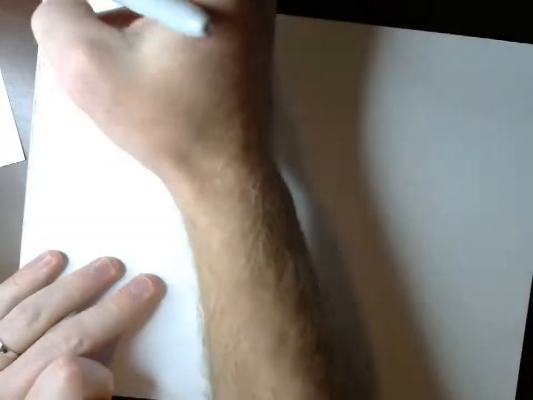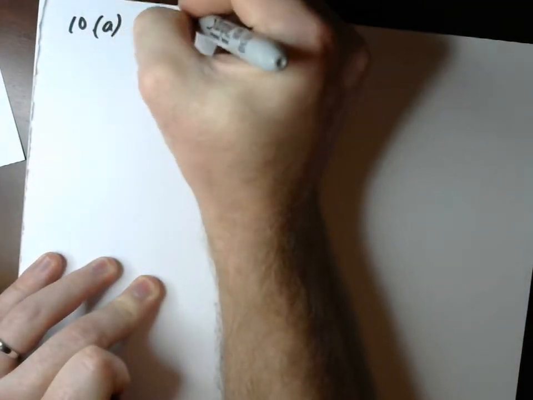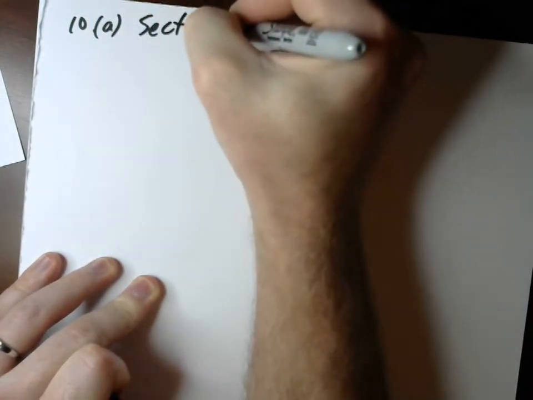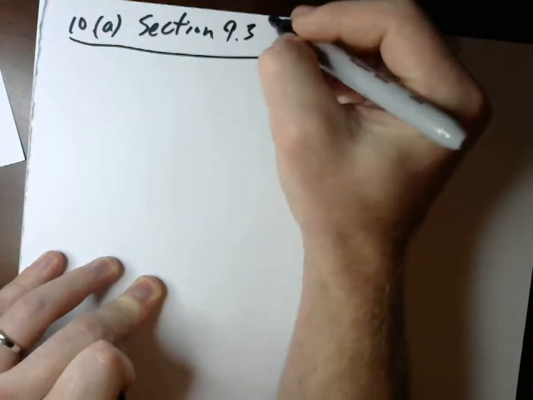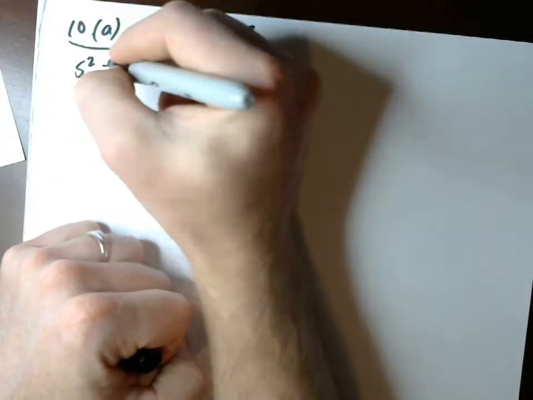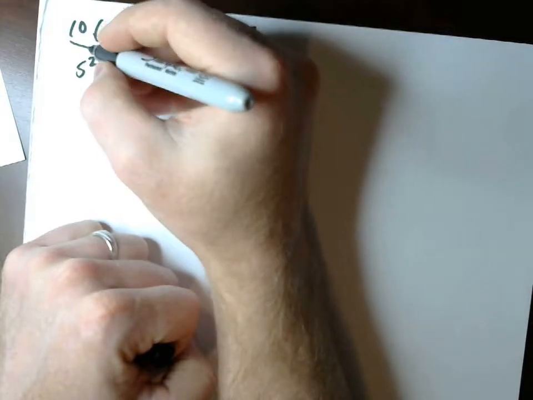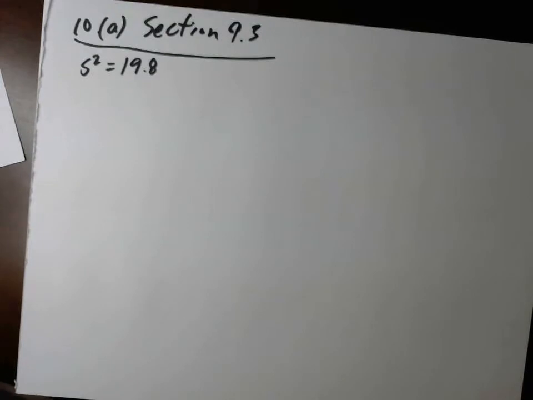So we're good with that. We're given that s squared is equal to 19.8, the sample variance.